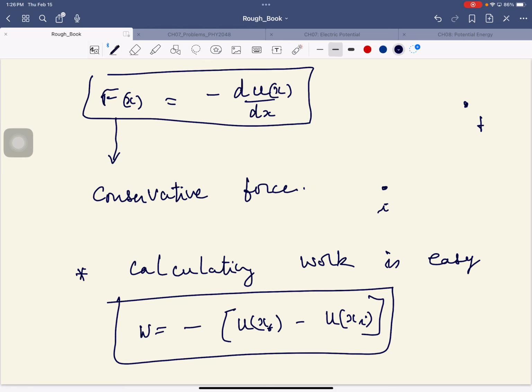How did you get there? Let's say you got there from there, or there, or like this. The work done by these forces is the same, it is path independent. Why is it negative potential energy? No, that's how it's defined.